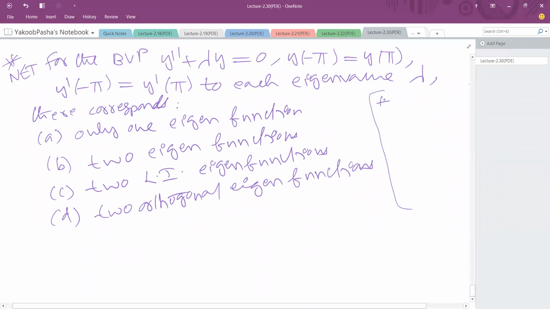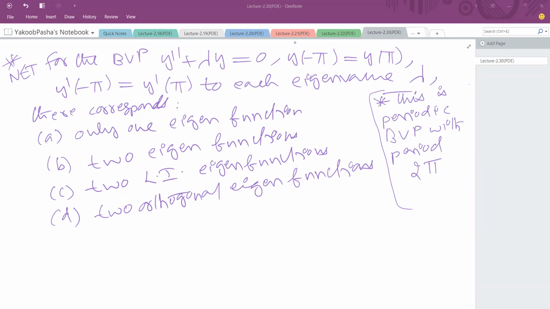This is a periodic boundary value problem, BVP, with period 2 pi.